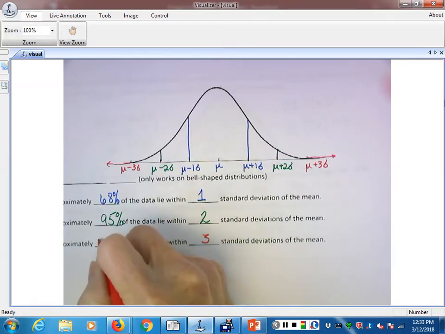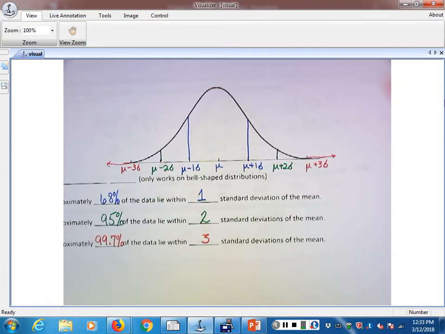So even though it's not 100%, it's really close to 100% by that point, which would tell you that it's virtually impossible, if it's a symmetrical bell-shaped distribution, to have an x value that's either more than 3 standard deviations above the mean, or less than 3 standard deviations below the mean. I want to be careful and say that right.